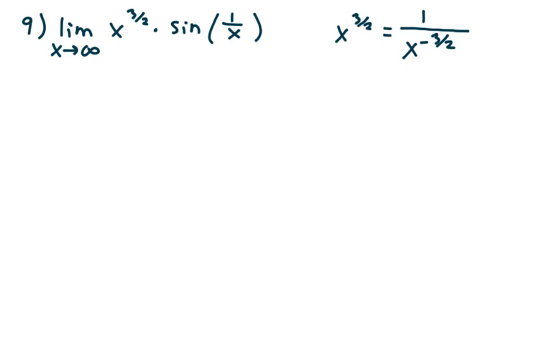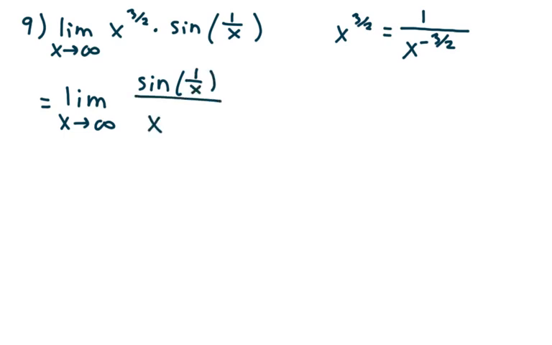If x to the 3 halves goes off to infinity as x goes to infinity, x to the negative 3 halves goes off to 0. So I'm going to write this as the limit as x goes to infinity of sine of 1 over x divided by x to the negative 3 halves. And I claim this is of the form 0 over 0.